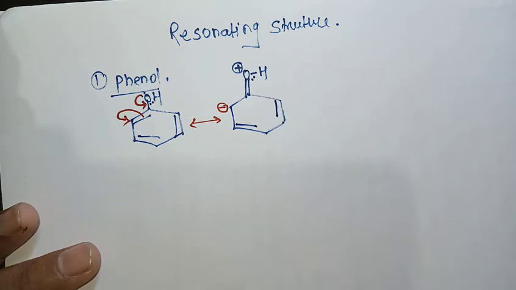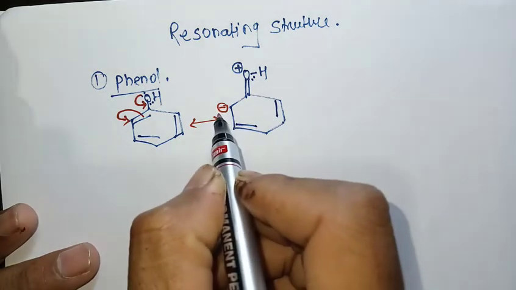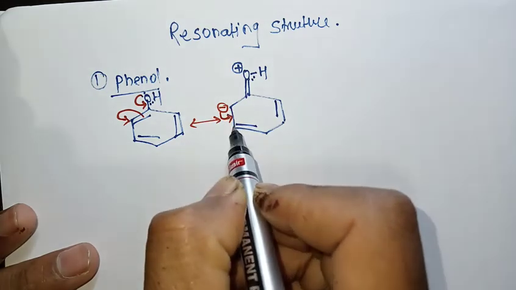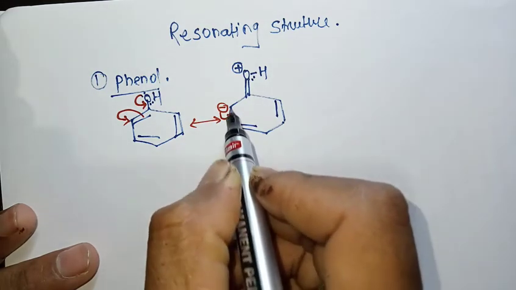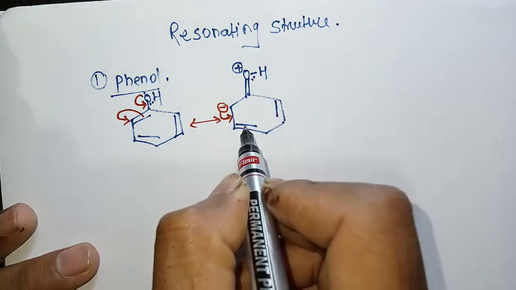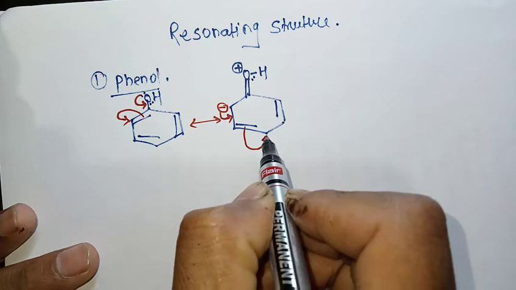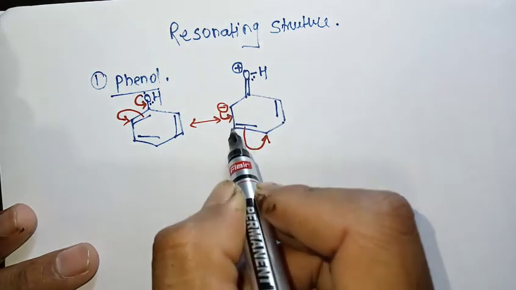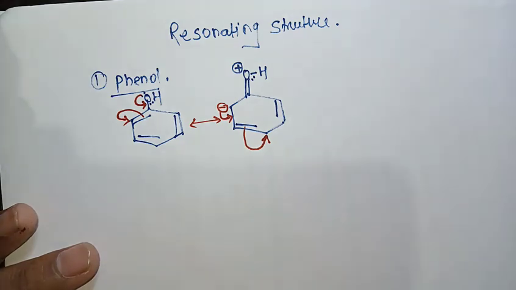Now what happens in the second step? This negative charge goes on carbon 2 and carbon 3 to form a pi bond. At that time this pi bond is delocalized and forms a negative charge on carbon 4. 1, 2, 3, 4, C4 carbon.